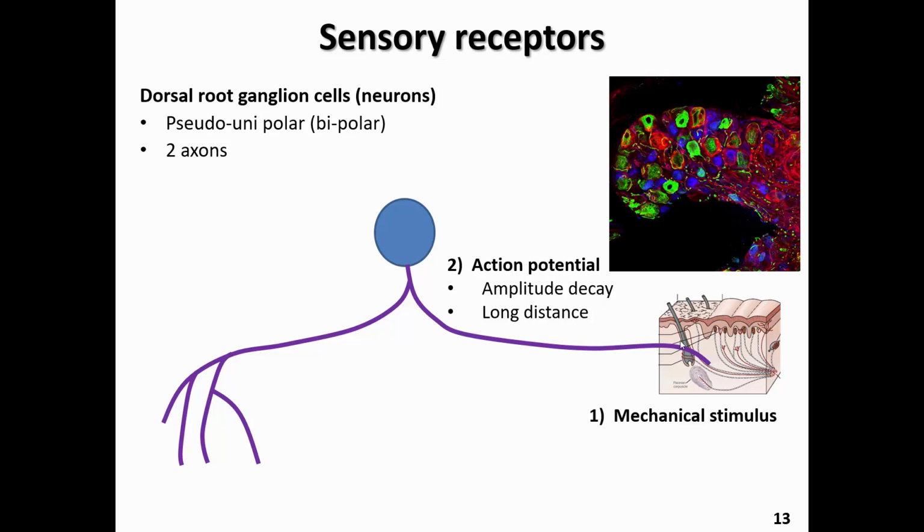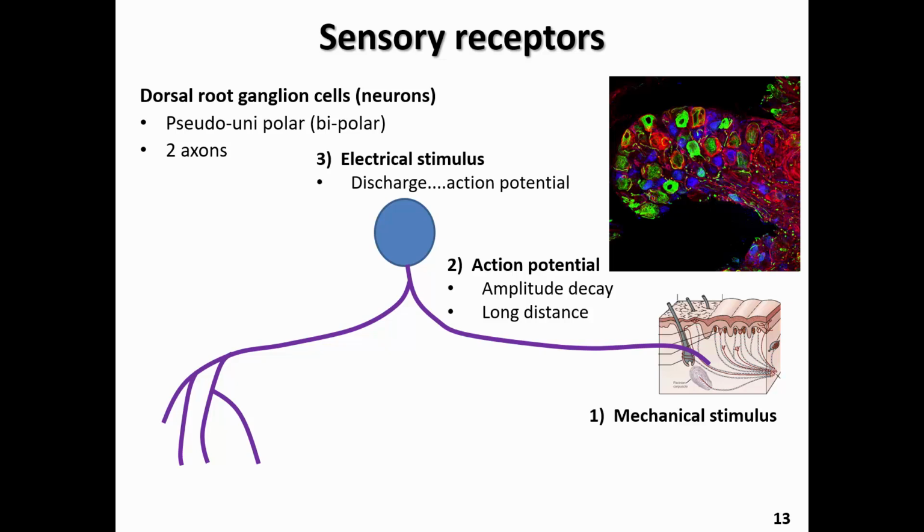Because the transmission of this information comes from the periphery towards the central nervous system, this is a relatively long distance. And these neurons, even if they're myelinated, are subject to a decay in the amplitude.